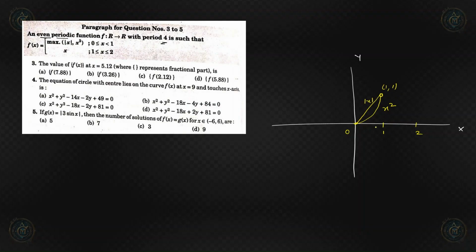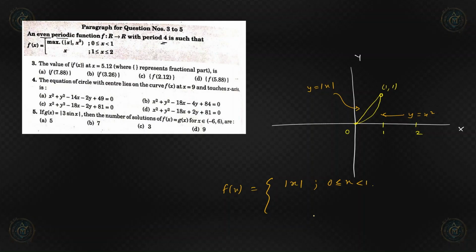So we can clearly see which function is maximum, or the function whose graph is above the other function. Okay, so the graph of y equal to mod x is clearly above this function y equal to x square, right? This is y equal to x square.